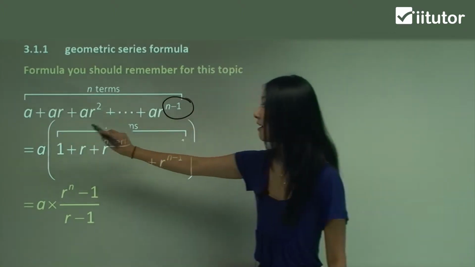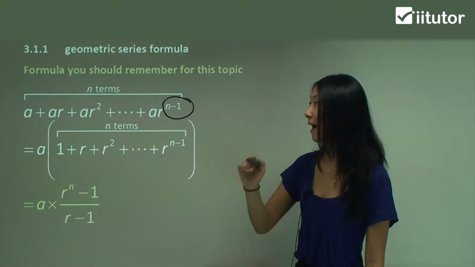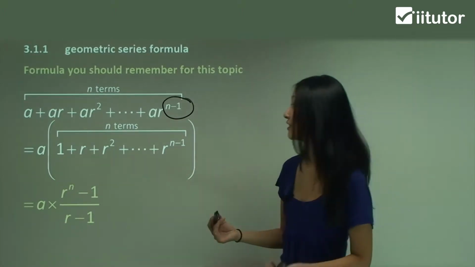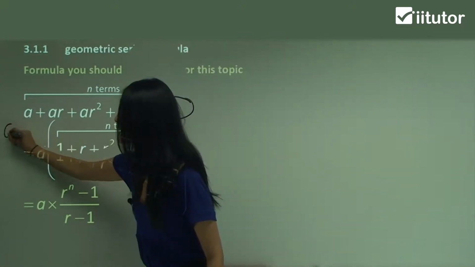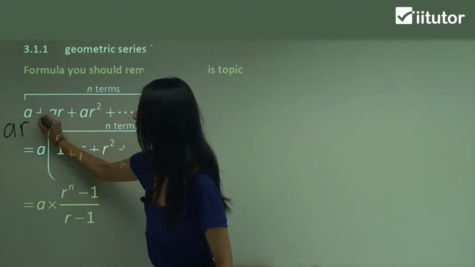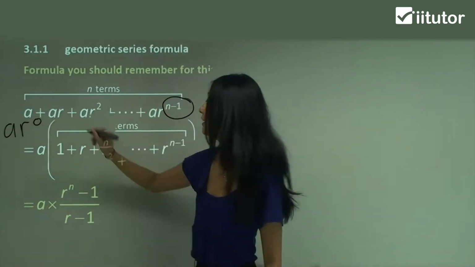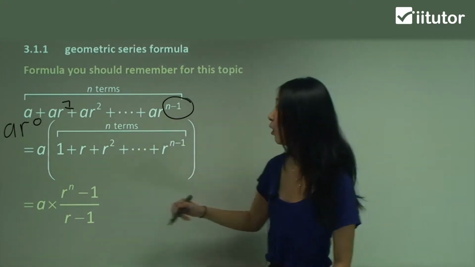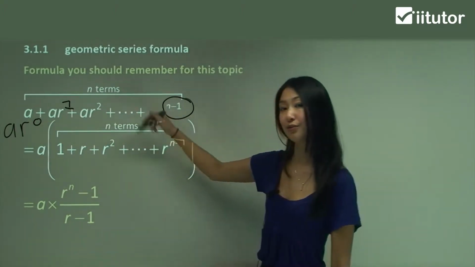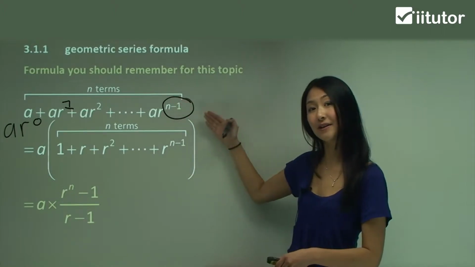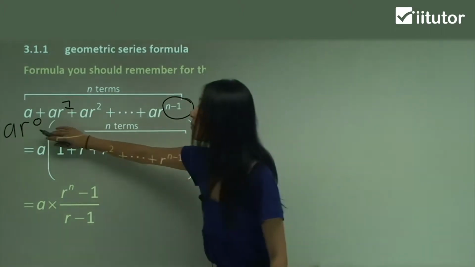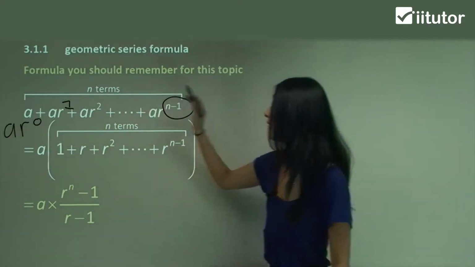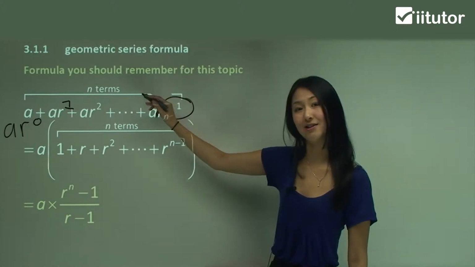You can see that our first term is a, but what we should actually consider it as is a times r to the power of 0. So this is r to the power of 1. So we're actually going from 0, 1, 2, 3, etc. until n minus 1. So this term here gives us a plus 1, which makes it n terms.